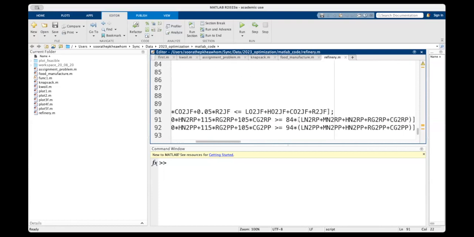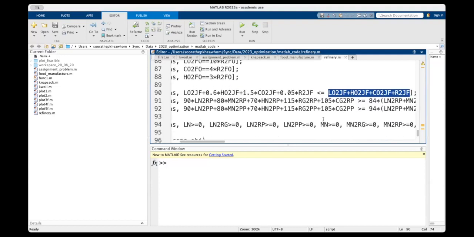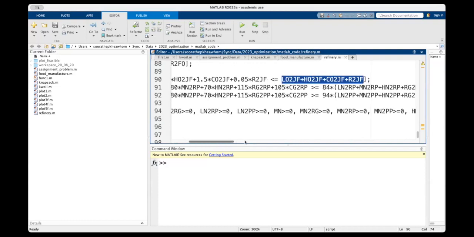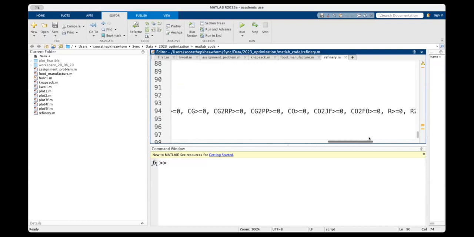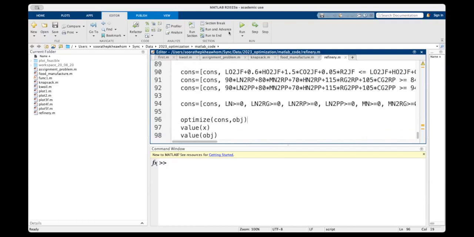Here you can replace this with RP, or you can write the same. It's the same. This one also you can replace with jet fuel, JF. Okay, good. So I put here that everything must be positive or 0, and then I optimize and check the values.